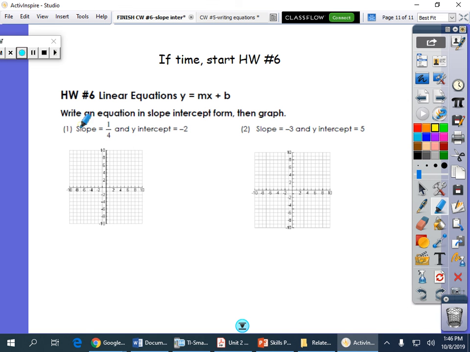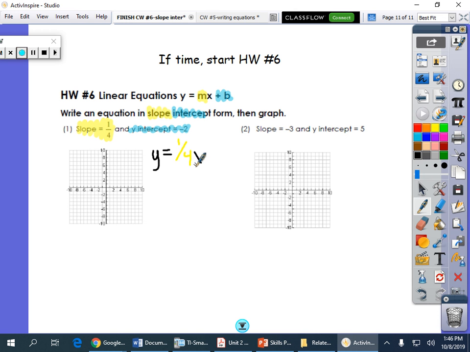So slope is m, 1/4 here. So our slope is m. And our y-intercept is b. And in this case, it's going to be negative 2. So when I write my equation, I'm going to have y equals m for number 1 is 1/4.